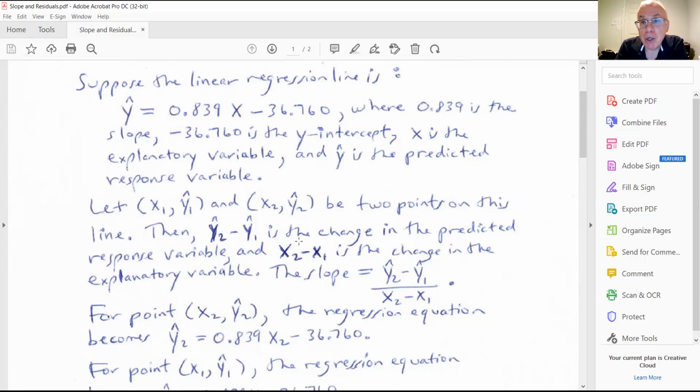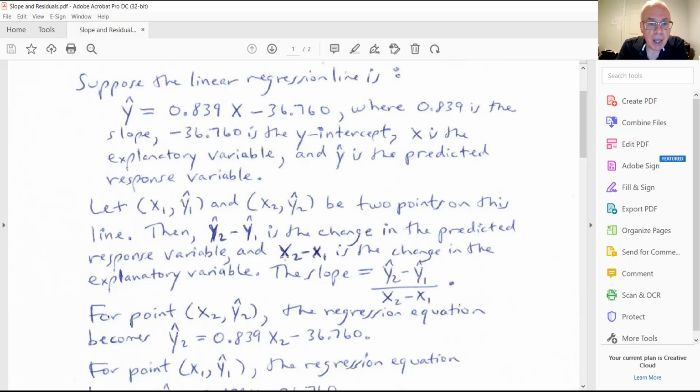Now we could determine the difference in the y values. For example, y hat 2 minus y hat 1 between these 2 points is really the vertical difference between the heights of those 2 points. We could call it the change in the value of y, the predicted change of the response variable.